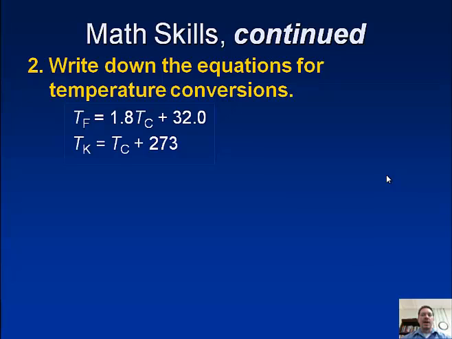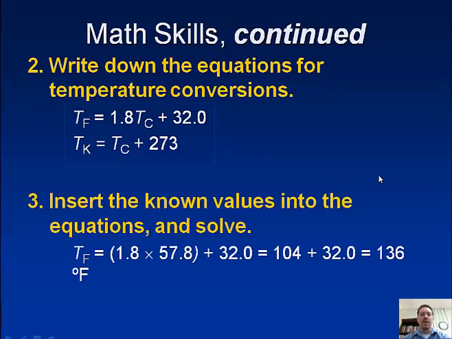So we're going to write down the conversion equation. To go from Celsius to Fahrenheit, we're going to use this top equation. Dealing with temperature Fahrenheit, 1.8 times the degrees Celsius, 57.8, adding 32 to that, we end up with 136.